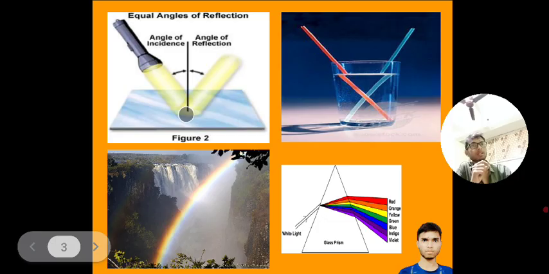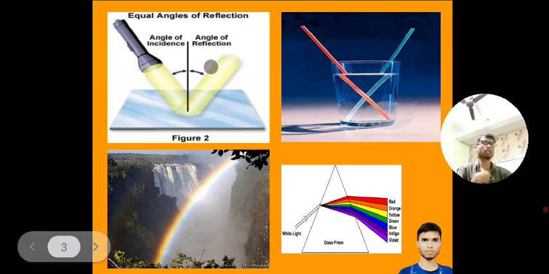Now light will come. Whatever light comes from the source till the hitting of the surface, from here to here, this will be known as the incidence ray. And after the hitting, it goes into another direction, and this will be known as the reflected ray.